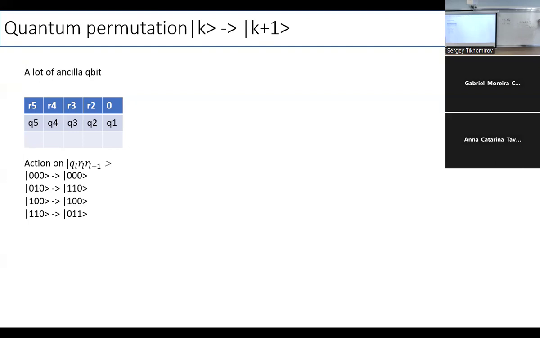Here was 0, Q1, 1, and it will go to the value which we should add to the next one, Q1 plus 1, and this one would be lost. We don't care what is here. And we can construct such a reversible operation.